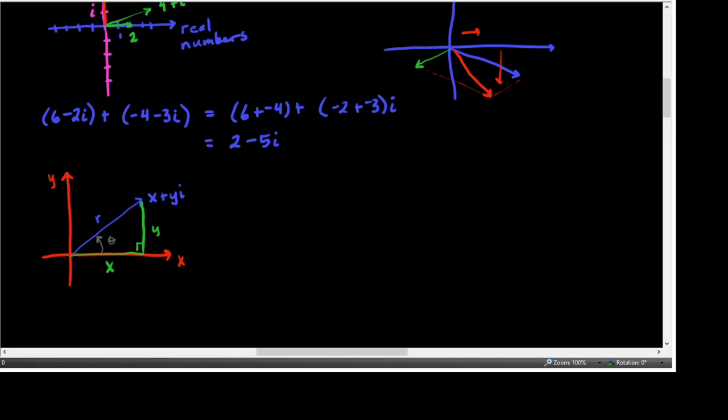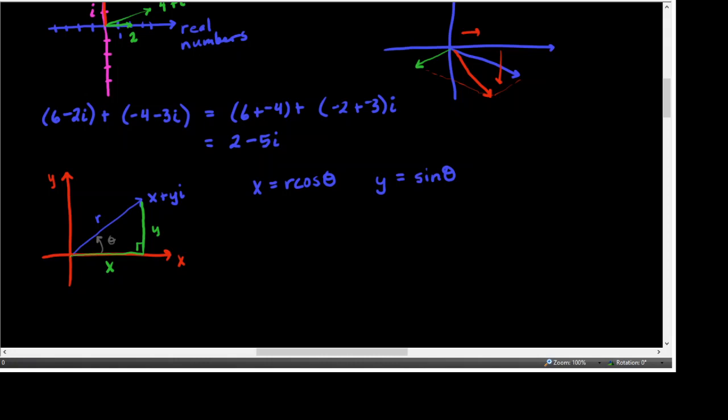So, what are the relationships that exist? Well, from what we said before, we know that x is equal to r cosine theta. We know that y is equal to r sine theta. So we're getting into the polar version of this, where theta is the angle from the polar axis in the counterclockwise direction, and r is the distance from the pole.